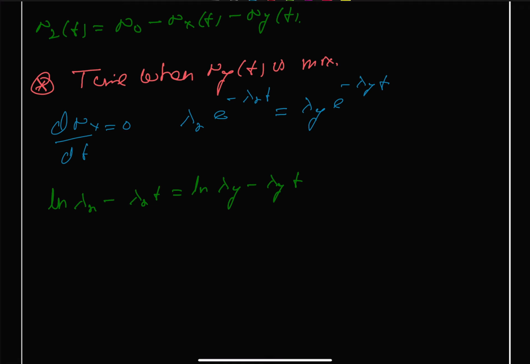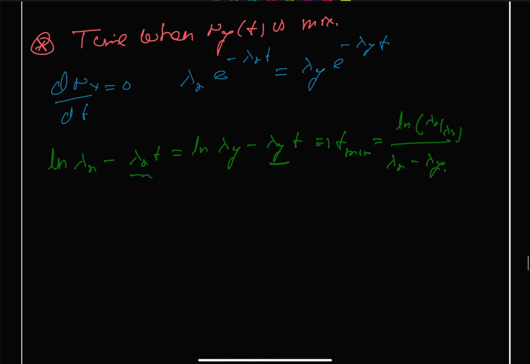So we have t here, which we can substitute as t max, which will be equal to natural log of lambda x upon lambda y, divided by lambda x minus lambda y.